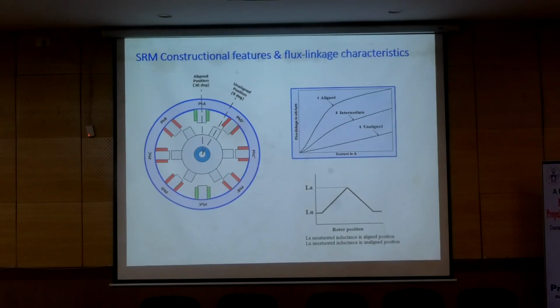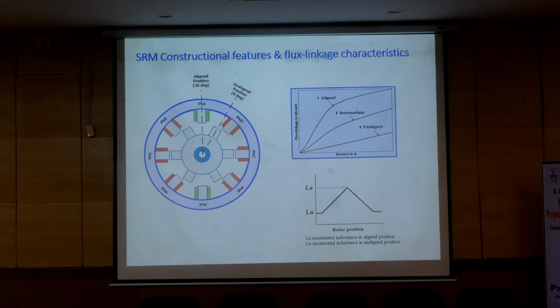For the aligned position, the flux linkage varies in this way. For an intermediate position, the flux linkage characteristic changes as a function of current. At the unaligned position, it looks more or less like a linear curve, not exactly, but more or less. Other than the unaligned position, the flux linkage is not a linear function.